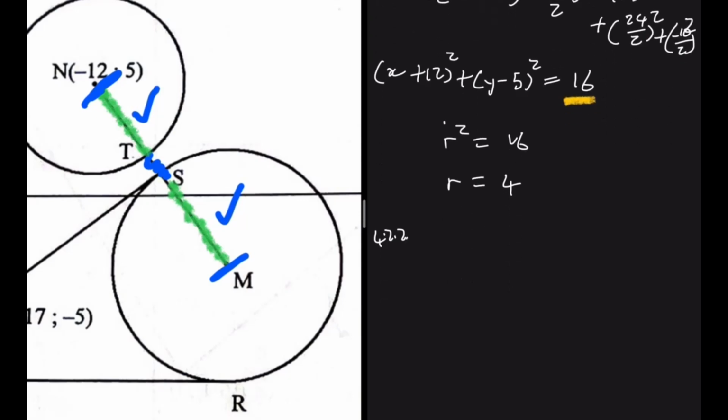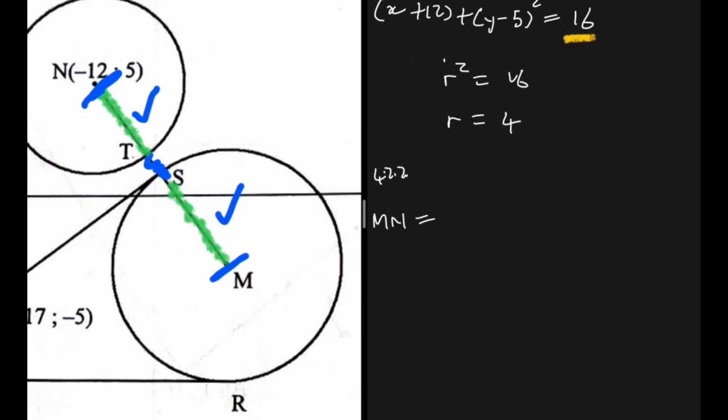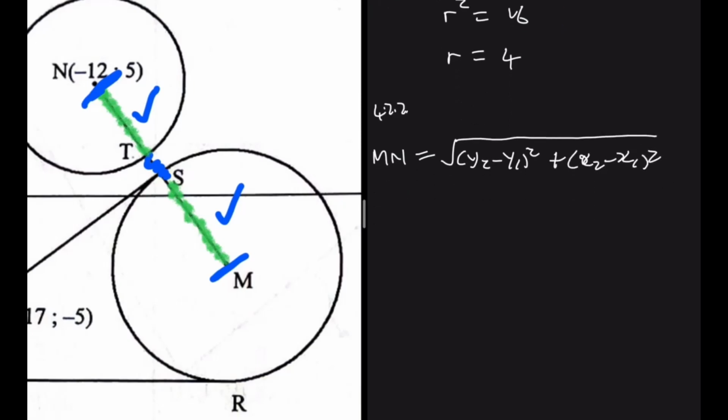So we can see that MN is equal to, we're about to use the distance formula now. So we're going to have the square root of y2 minus y1 squared plus x2 minus x1 squared, right? So the coordinates of M, we have minus 6 and minus 3. And then the coordinates of N, we have minus 12 and 5, right?